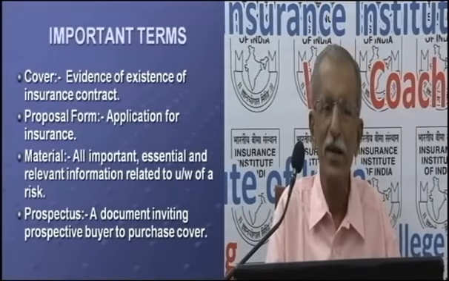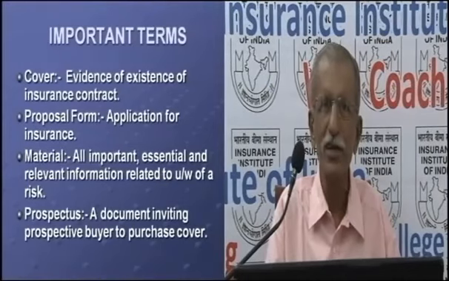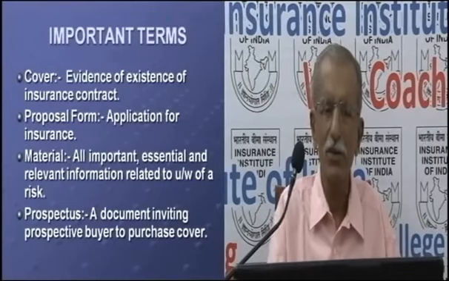It is a document inviting a prospective buyer to purchase the cover. It can be in the form of prospectus proper or brochure, leaflet, etc. Any document which gives information about the product to be sold and tries to induce the prospective customer to go in for the product is called prospectus.